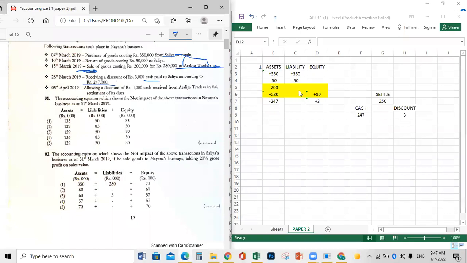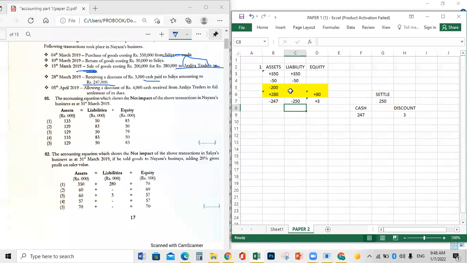Do you understand what I'm saying there? So always the trade payable will reduce by the settled amount, because you're totally settling your trade payable. You're totally settling him 250,000.